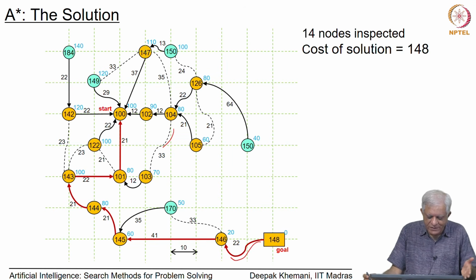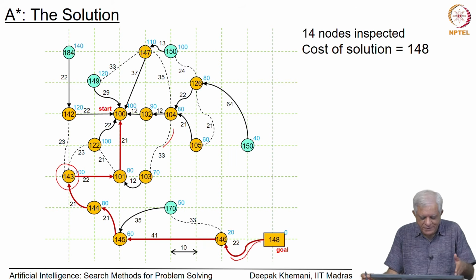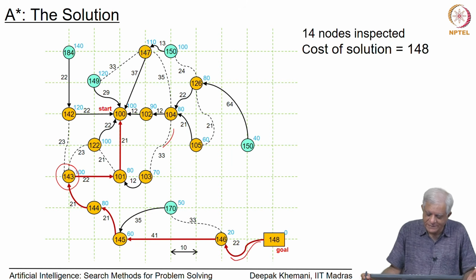You can see that it is a totally different path from the path found by best first search. This had to, in some sense, go to a node which appeared to be going in the opposite direction, because that is how it found a path of shorter length.